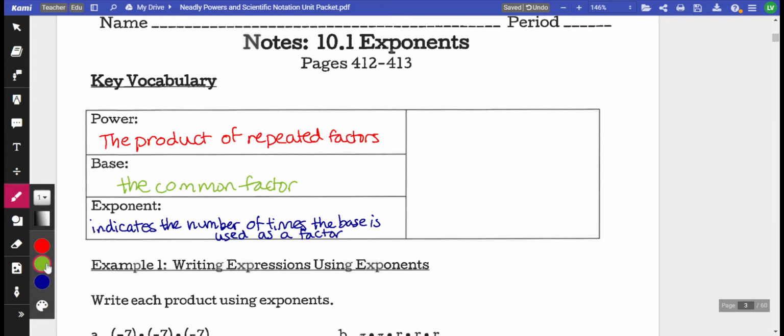So I'm going to start with the base. I'm going to label that 1/2. Then I'm going to move on to my exponent. We'll say to the 5th power.